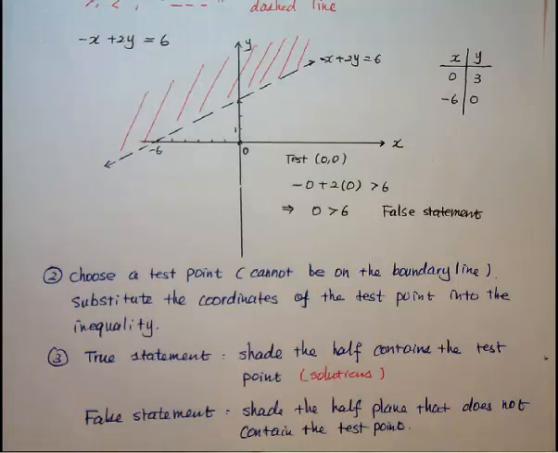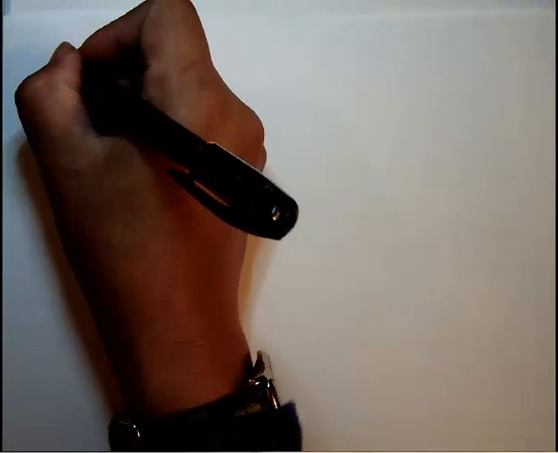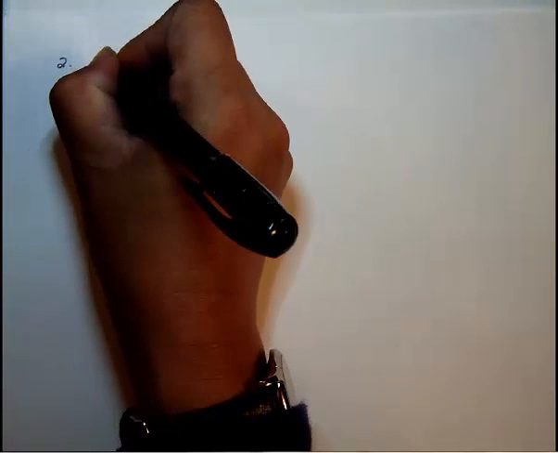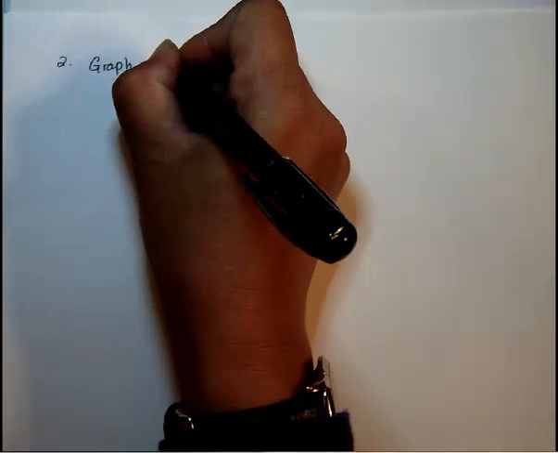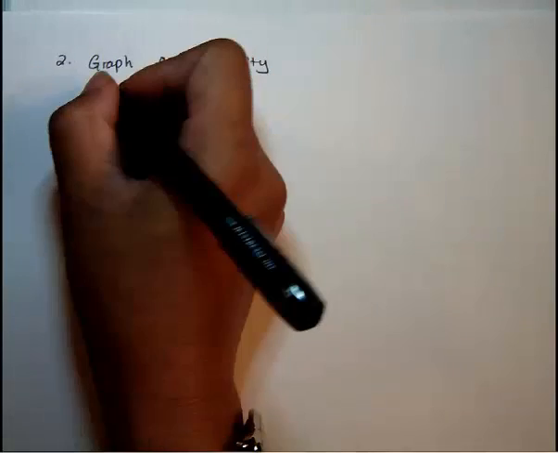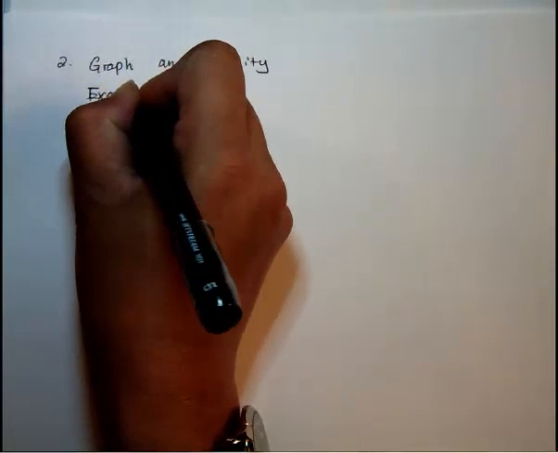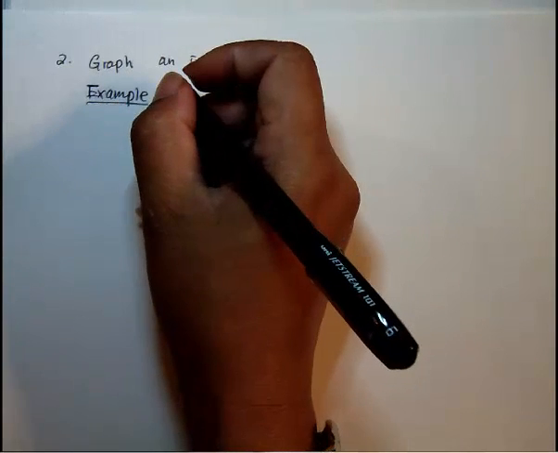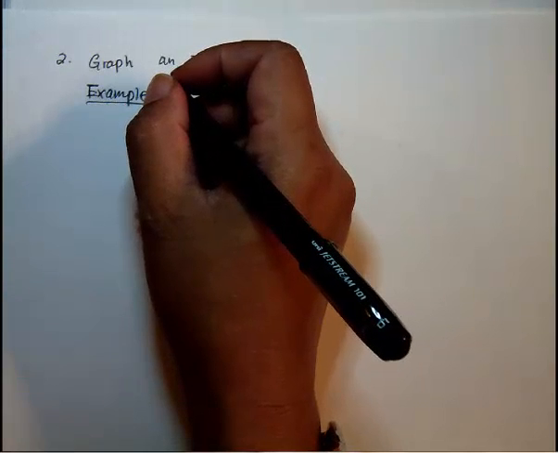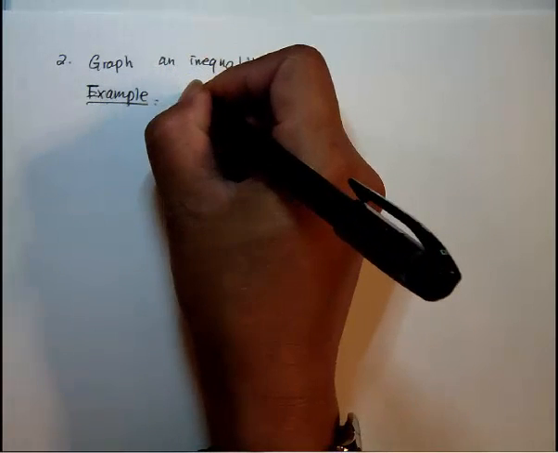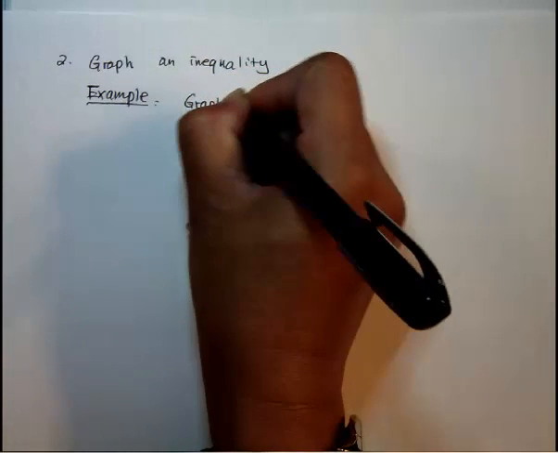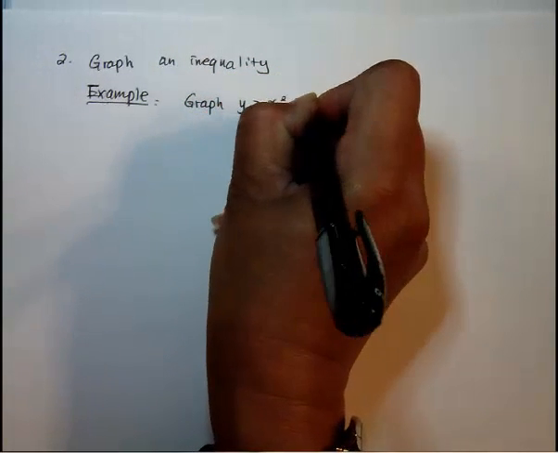This is a linear inequality. For any inequality, the idea will be the same, but instead of graphing a linear equation, you might need to graph a nonlinear equation. For instance, let's graph this one, where we have y is greater than or equal to x squared plus 3.